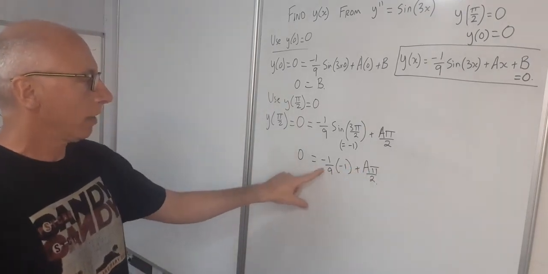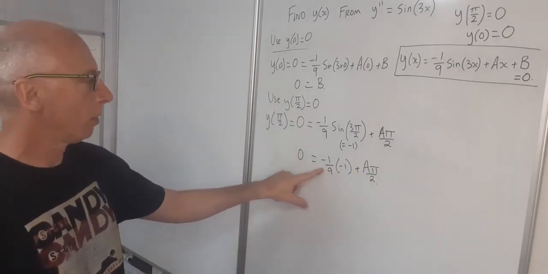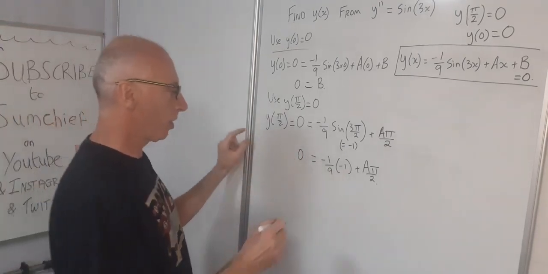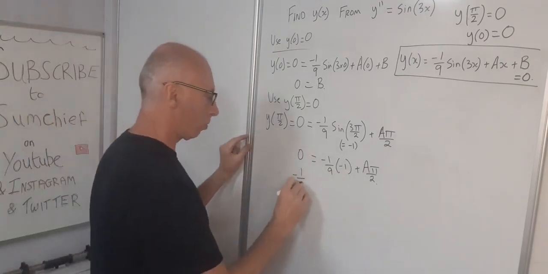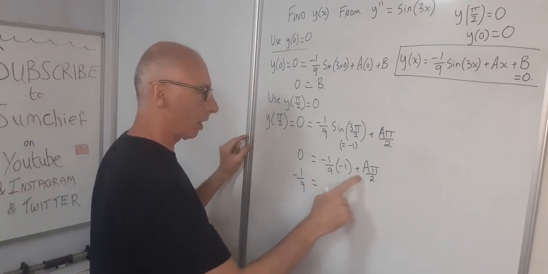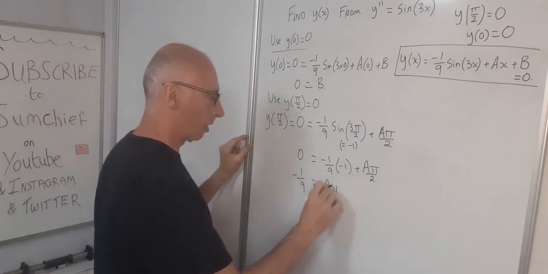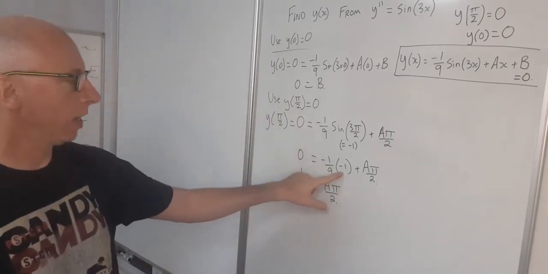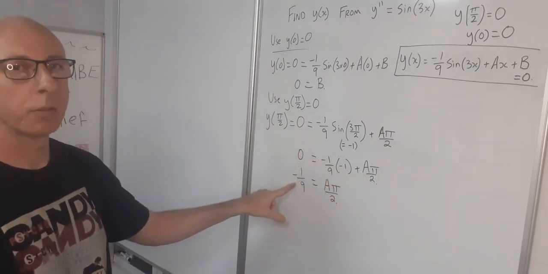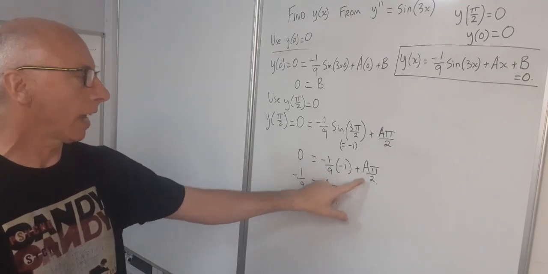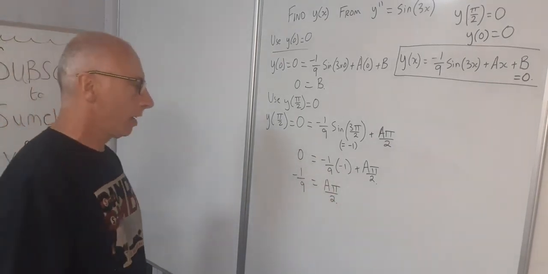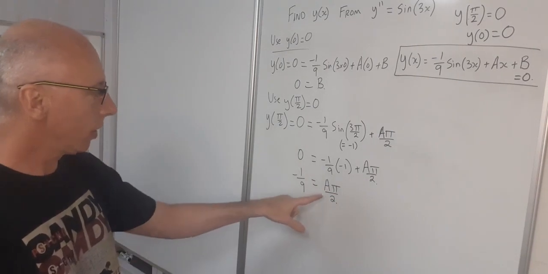So this 1/9, let's bring it over to this side and it will come back to being minus 1/9 again. So minus 1 over 9 equals a pi over 2. Now we need to try and get the a on its own.